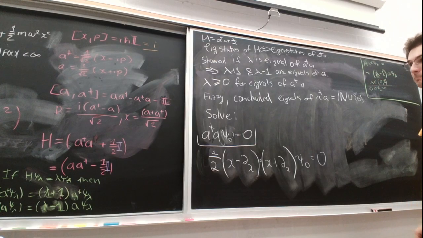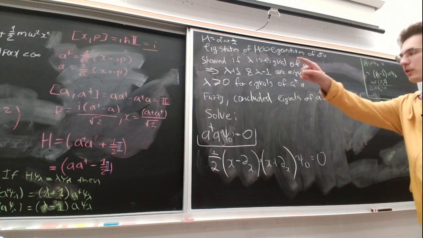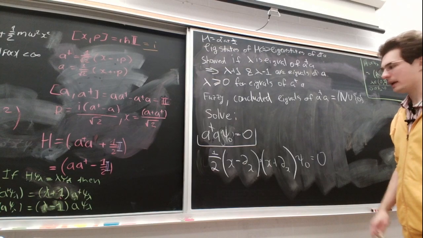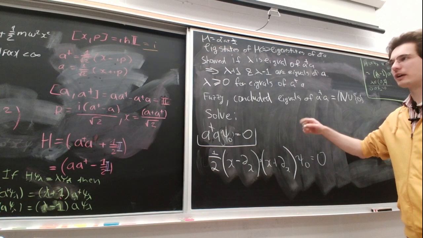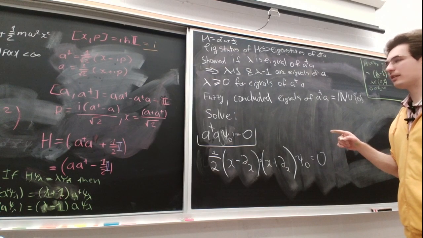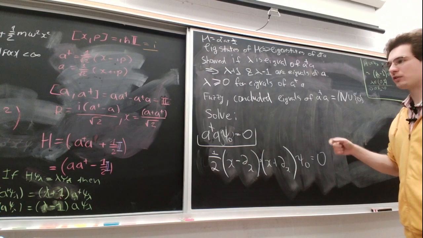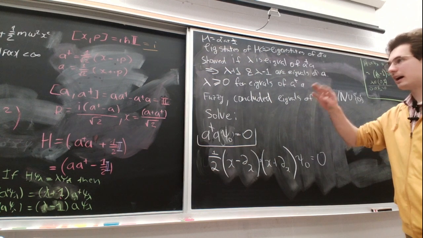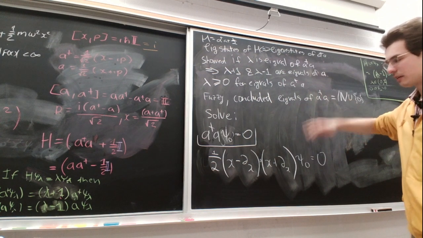That's because the h bars go away, because I set h bar to 1. In reality, the solutions will have a bunch of m's, omegas, and h bars everywhere, but I don't care.